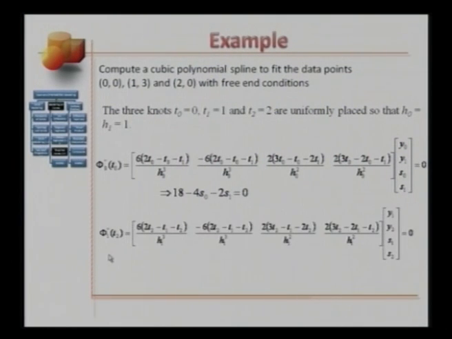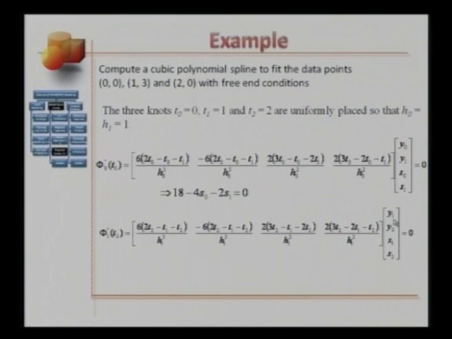For the second spline segment, phi1, we'll have a very similar expression. Phi1 double prime evaluated at t2 will give the analogous expression with h1 in place of h0.